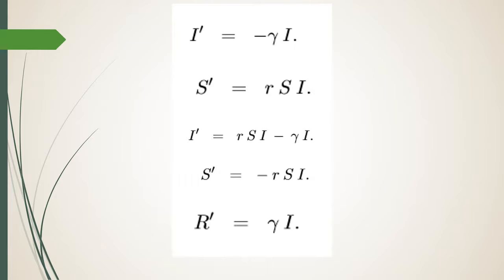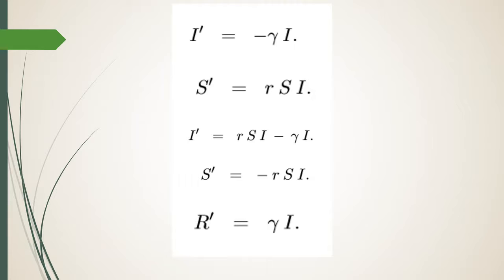We can then figure out the net rates of change of the 3 populations. The infectious population gains at the rate r S I and loses at the rate gamma I, so that I prime equals r S I minus gamma I. The net change of susceptibles is that of simple decay.